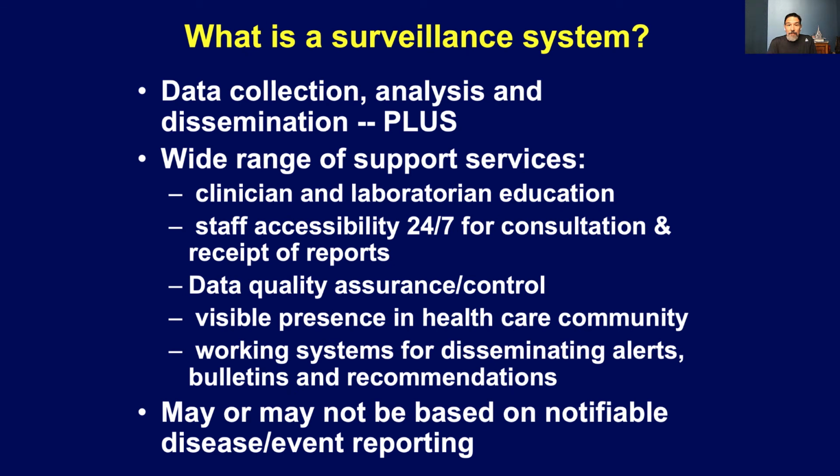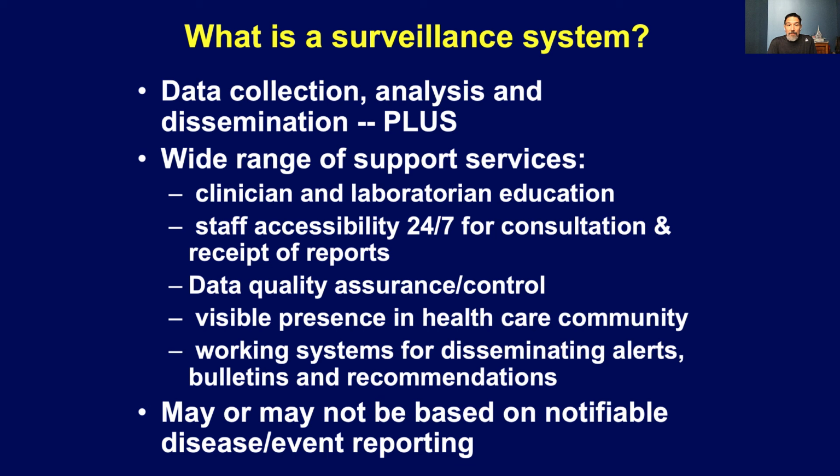So we've defined public health surveillance, but what is a public health surveillance system? Well, it's all those things that go into the definition of public health surveillance, such as data collection, analysis, and dissemination, plus a wide range of other things, such as support services in order to make the system run.